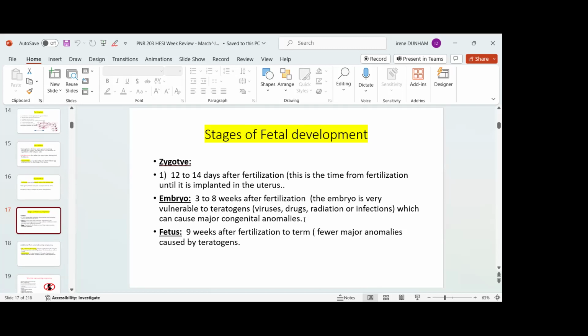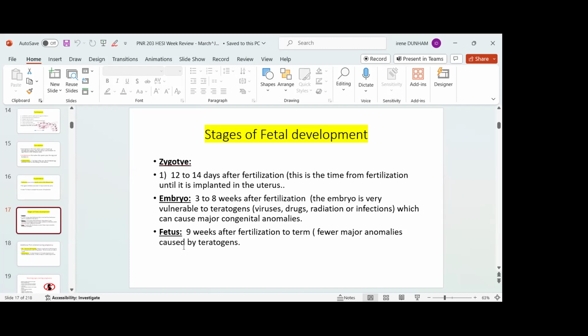So a lot of times in the beginning, a woman doesn't even know she's pregnant, and so during that time, she can be drinking alcohol, taking drugs, or be exposed to things that can act as a teratogen to this embryo. Okay. And then the baby comes out with congenital problems because of what happened in the embryonic development time.